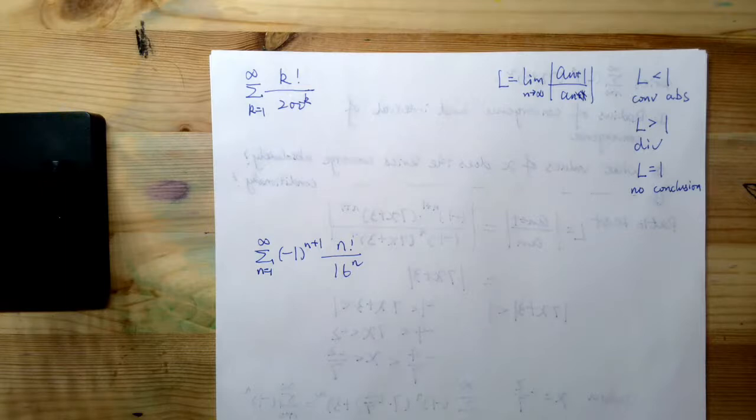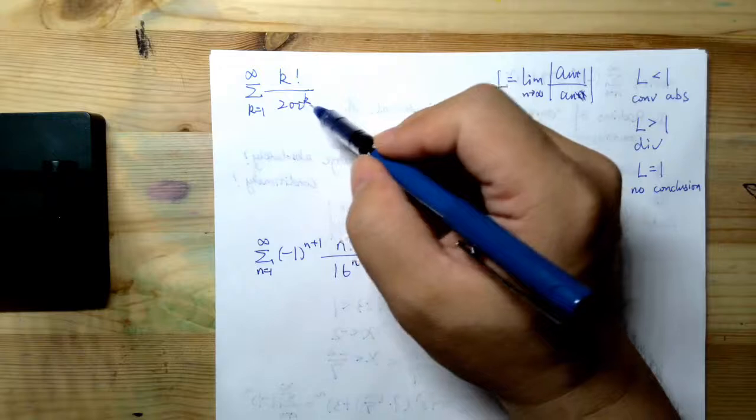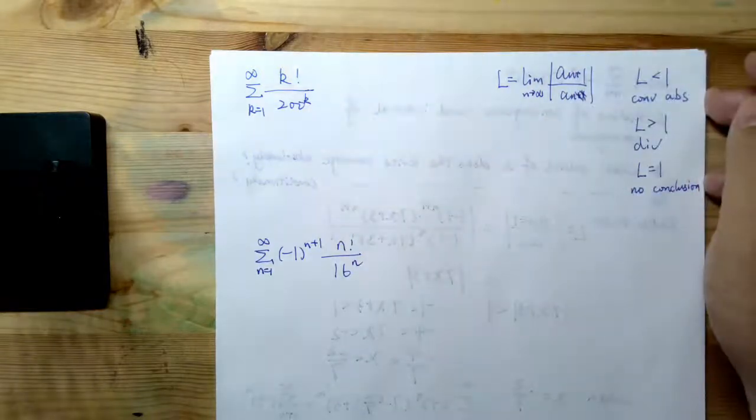So let's look at those three problems. The first is k over 200 to the power k, k factorial.